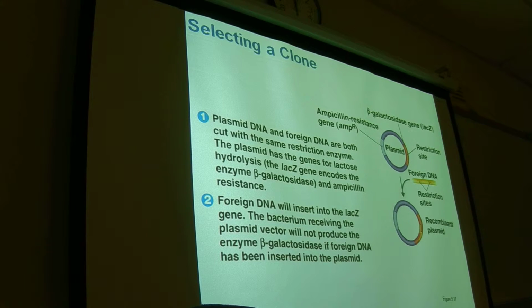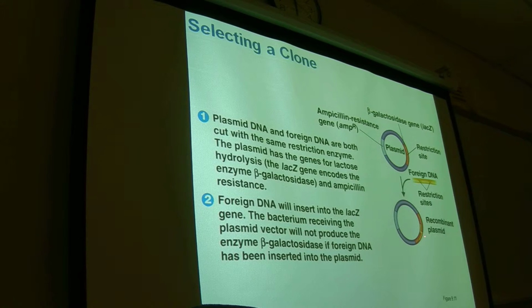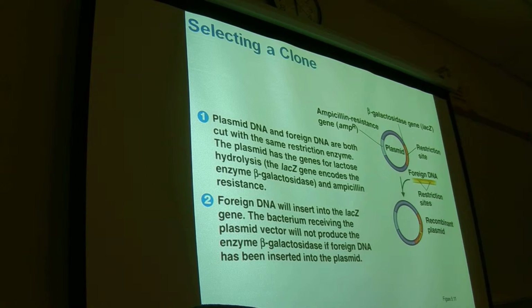Okay? And typically what the reporter gene is when that gene is intact, so here's a plasmid that doesn't have any foreign DNA in it. So let's say this plasmid got cut at the restriction site, and here that little orange would be your gene, instead of getting the foreign DNA, the gene, pasted into it, it just pasted back on itself. Okay, so it didn't get your gene. So it has an intact reporter gene.